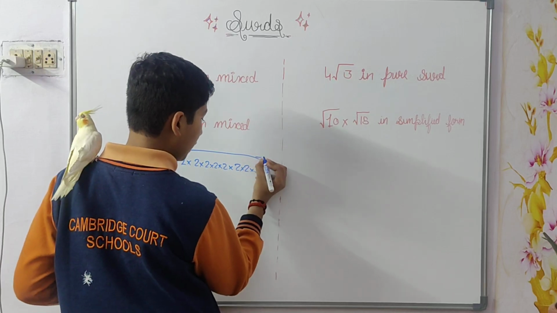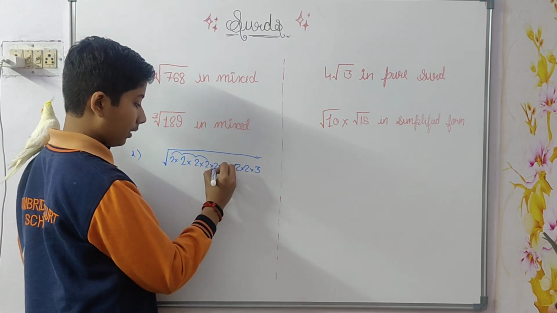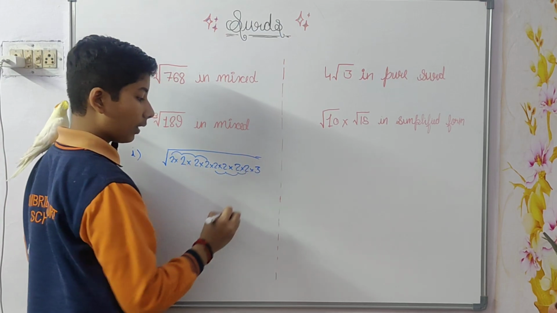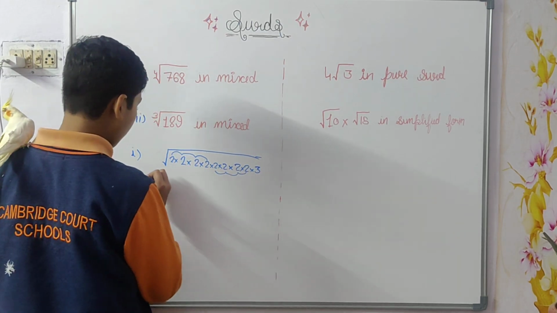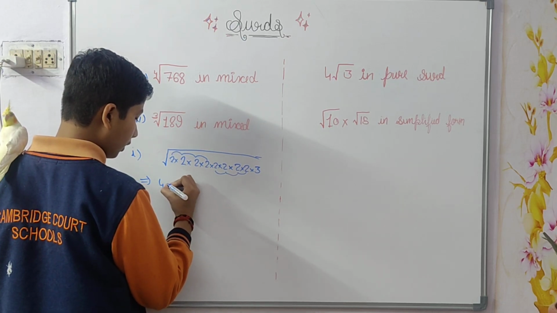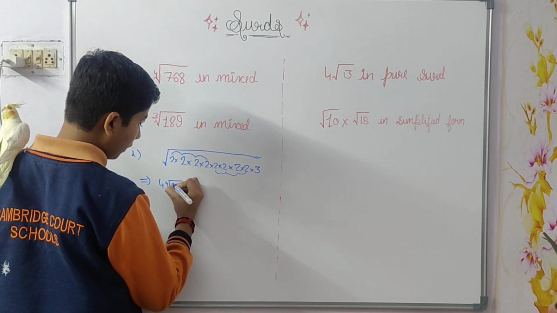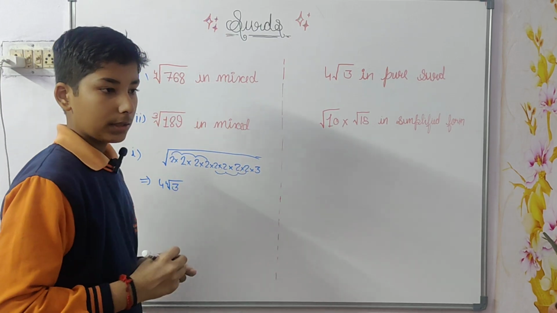So one 3 was left. Okay, this pair was made and this pair was made, but 3 was left. So two 2s will come outside, that is 4, and then what will be left? 4th root of 3 will be our answer.